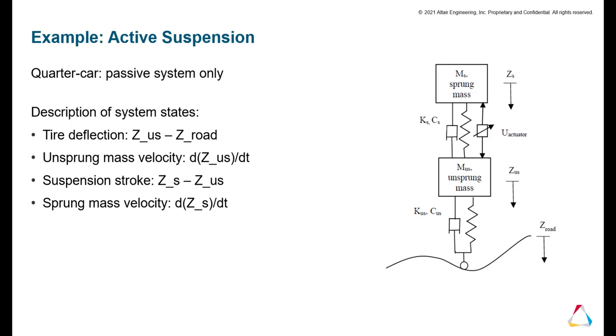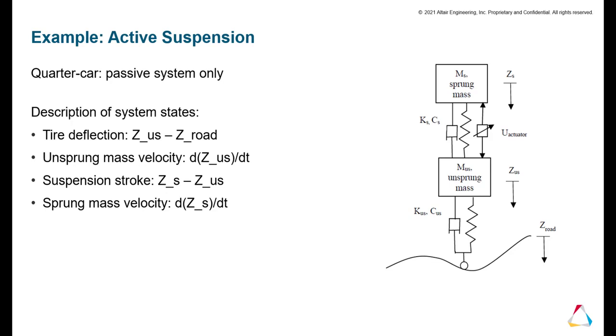looking at the diagram on the right, we can break this down into 4 simple equations that define our system states. And the system states that we're interested in this example are really a set of 2 different displacements and 2 different velocities.